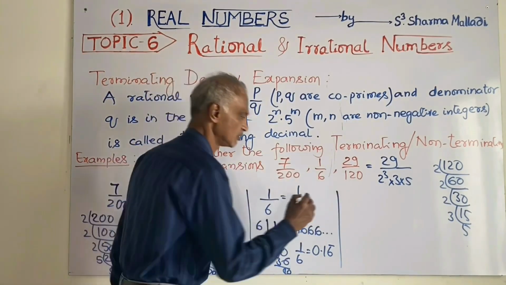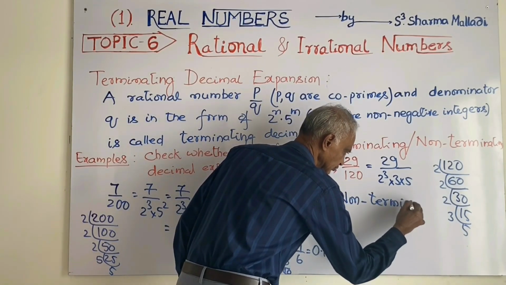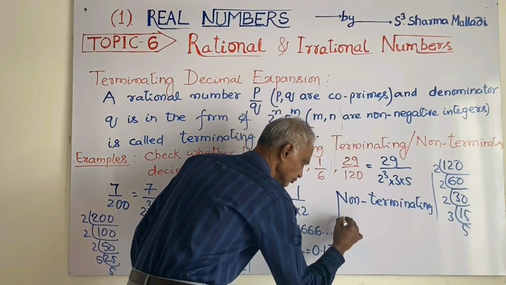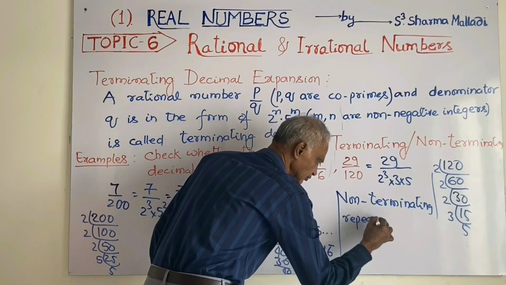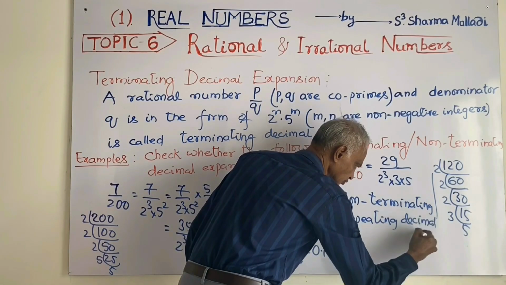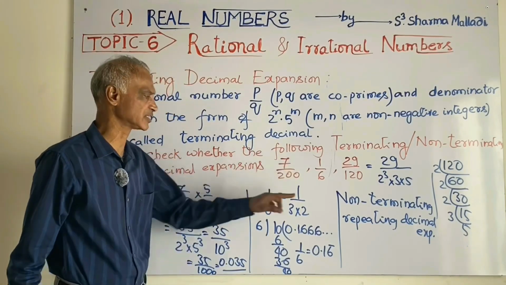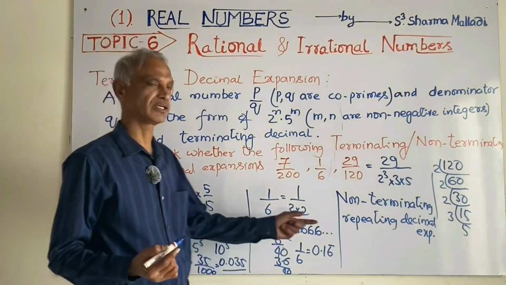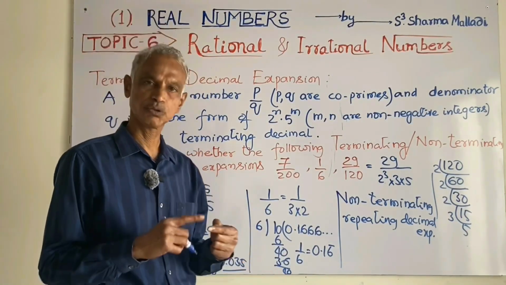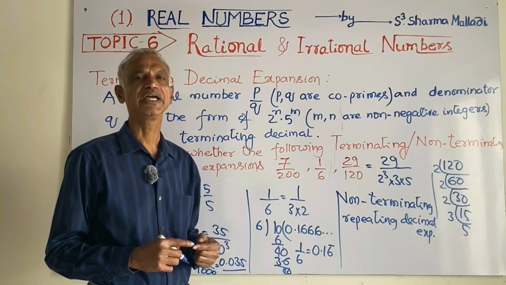Therefore, this is non-terminating. That's why 29 by 120 and 1 by 6 are non-terminating repeating decimal expansions, because the denominator cannot be written in the form of 2 to the power of n into 5 to the power of m, where m and n are non-negative integers.